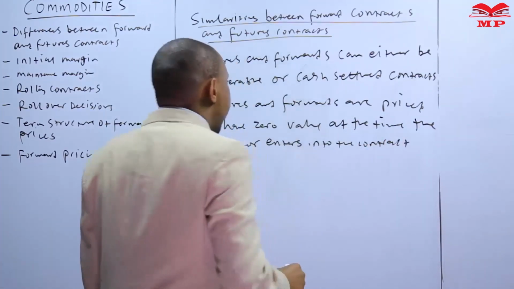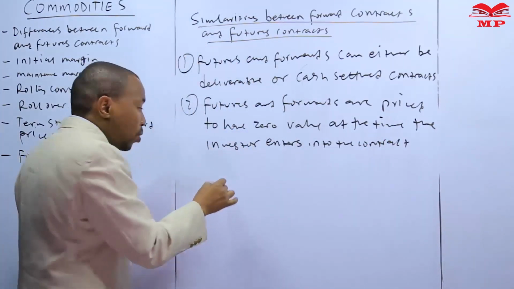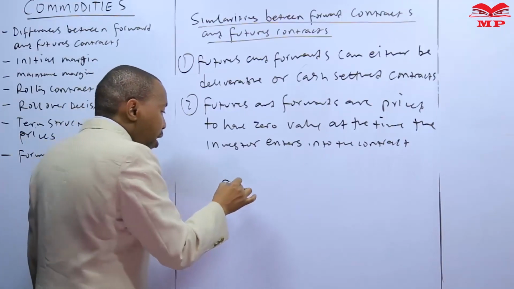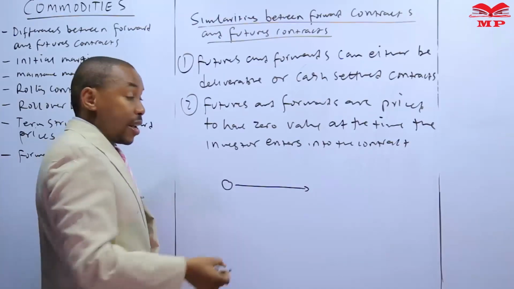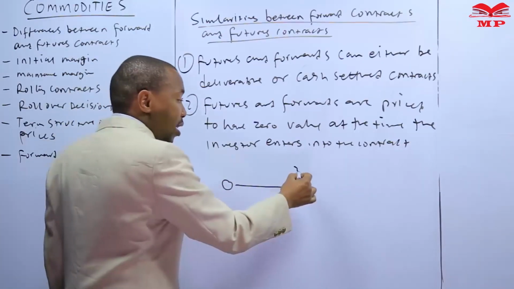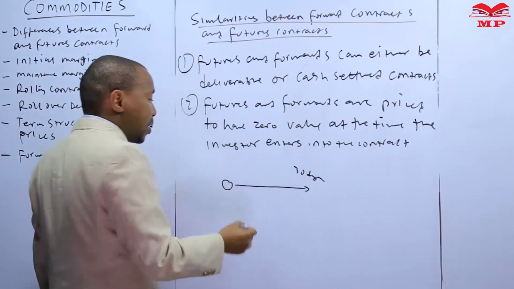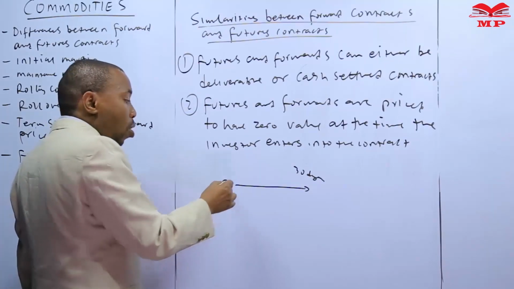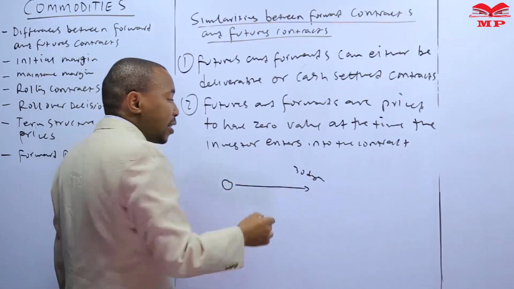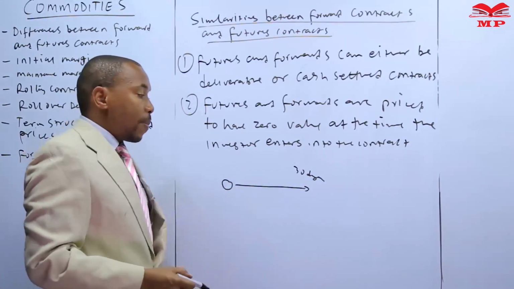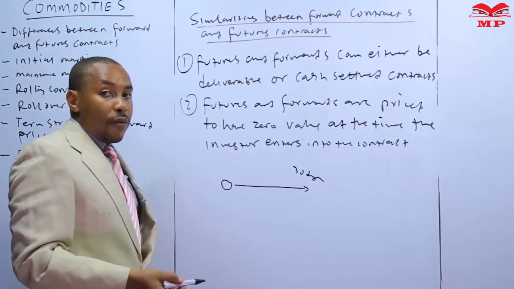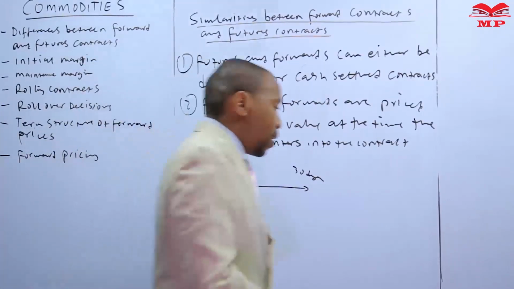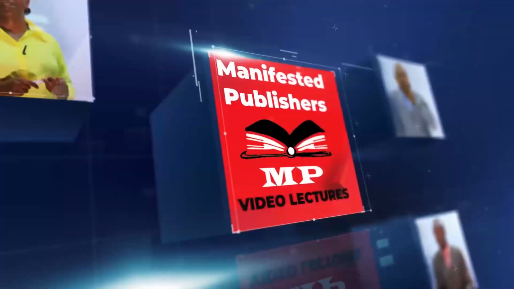So they are priced at zero. From today they are priced at zero, and then it approaches the futures price as it moves on. Say 30 days: from today it is priced at zero, but as it approaches the 30th day maturity date, they tend to move towards the futures or the forward prices. That's what we are saying there.